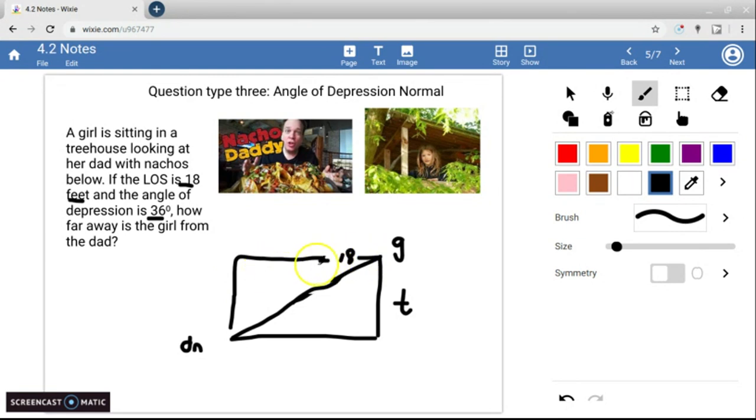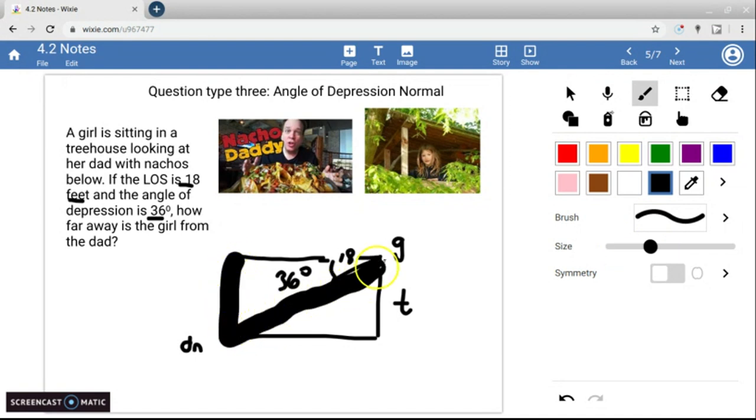And now that we have a horizontal line, we know that this angle that we just created right here is the angle of depression, which is 36 degrees. So really, what we're looking at to solve the problem is going to be this triangle. And we have to forget about the one that was really illustrated when we were reading the problem.